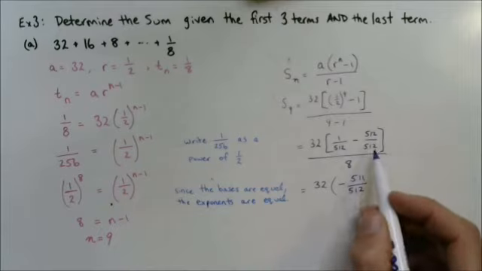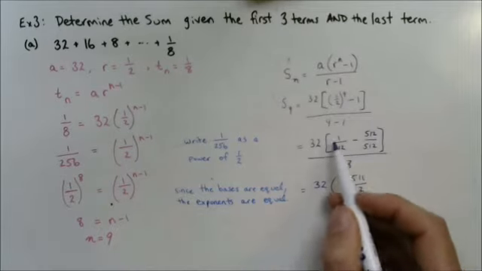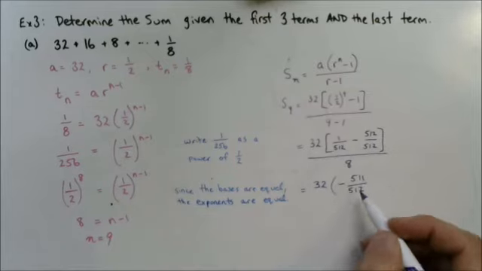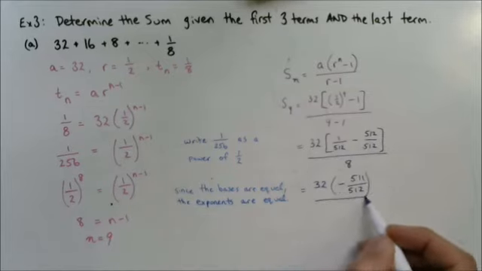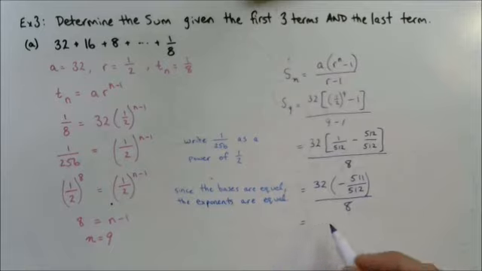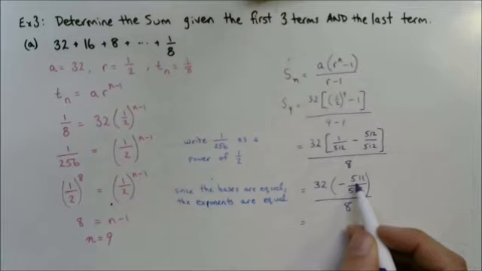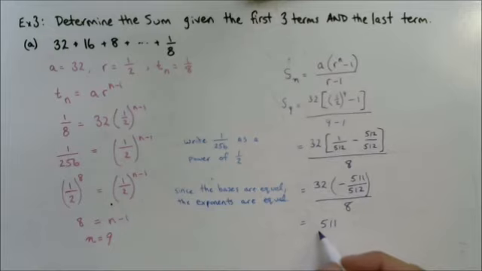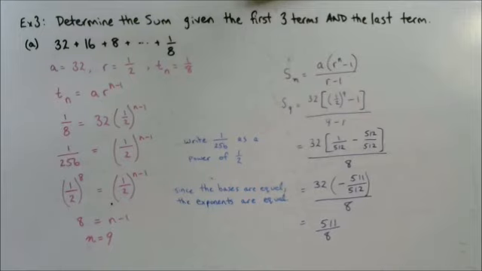I have negative 1 plus this 1 512th, this tiny little piece, okay? That's what that looks like, over 8. You can do this a couple ways. You could just do 32 divided by 8 is 4, and then multiply it by this bracket here. What you end up with after you reduce is 511 over 8. All right, so that is the sum of the first 9 terms.